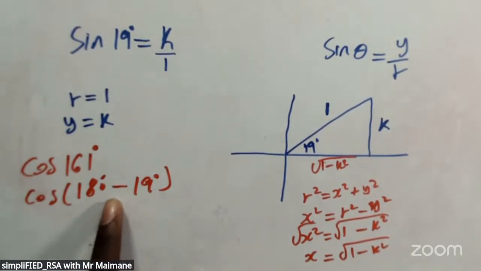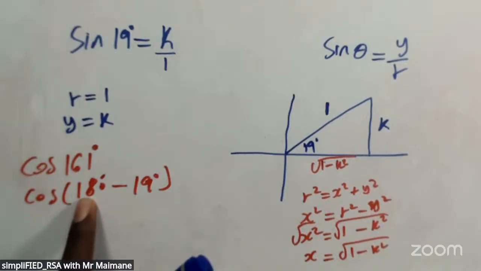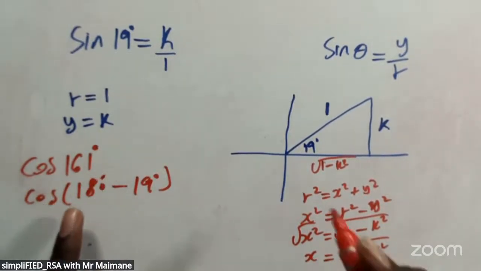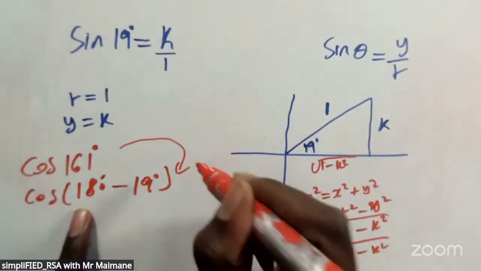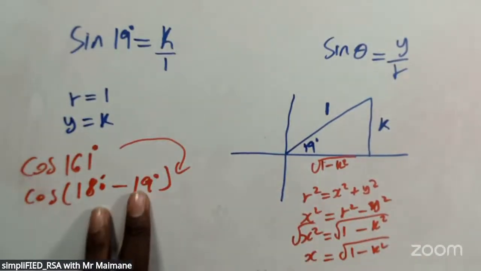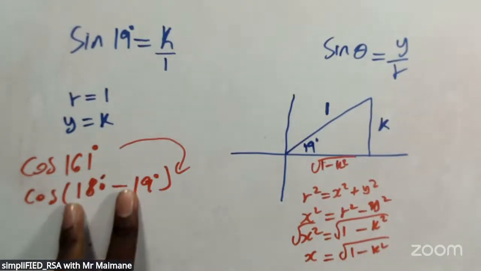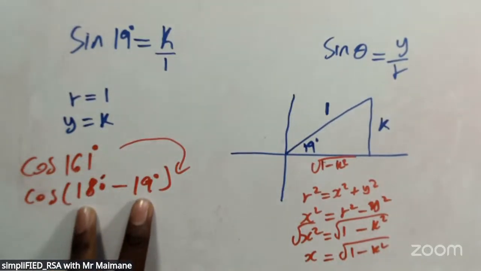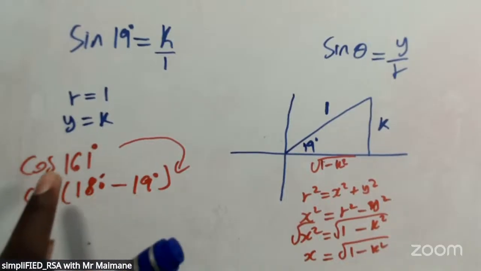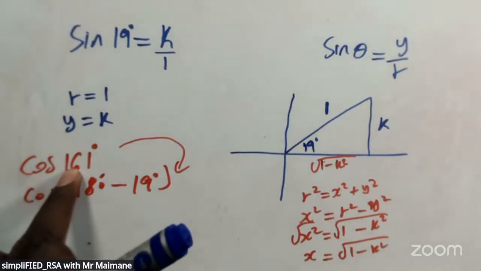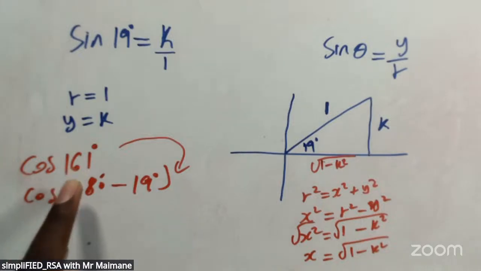Whatever angle you choose on this side must be the same angle that gives you the value it had before. You don't just pick. It's easy to manipulate because whatever I put there should be based on that angle.